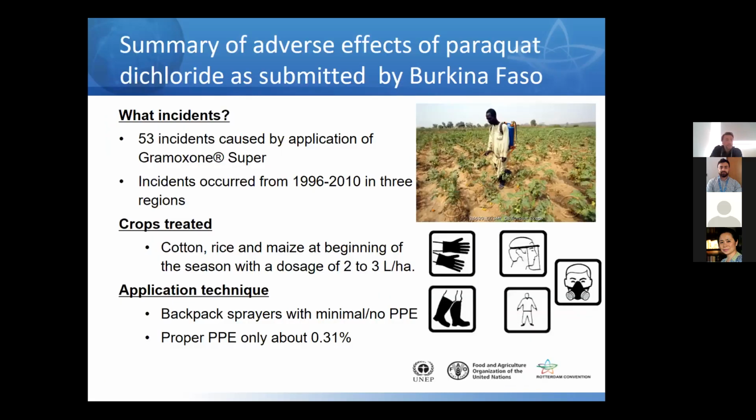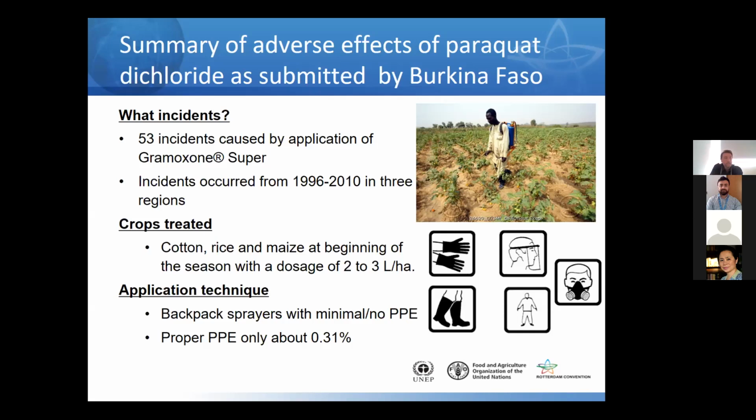The next slide, as the title is indicating, is basically providing a glimpse, an excerpt of the proposal submitted by the party, mainly from the human health incident report that was accompanying the proposal, describing the incidents from Gramoxone Super, which was used in Burkina Faso as a total herbicide in cotton, rice, and maize.